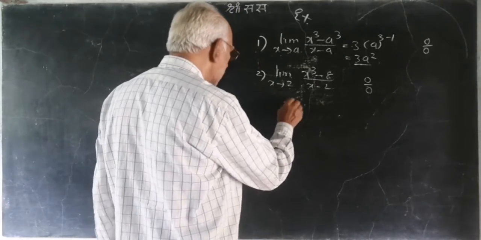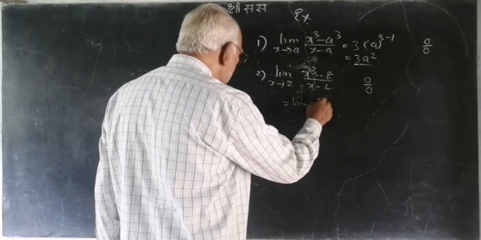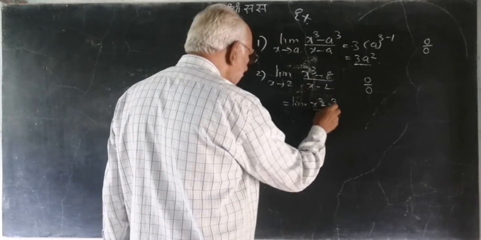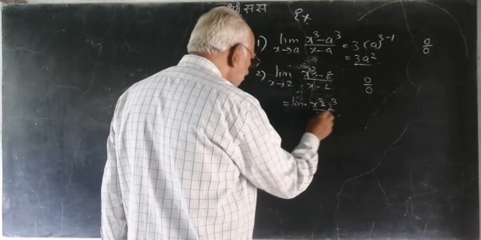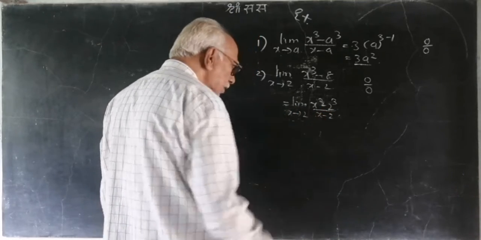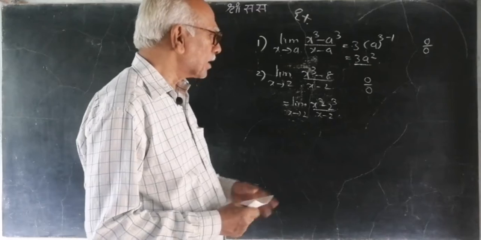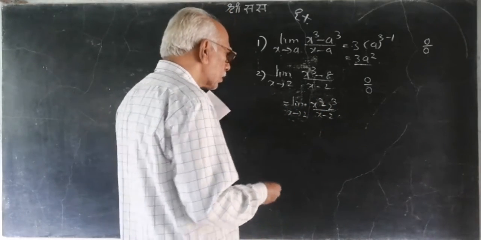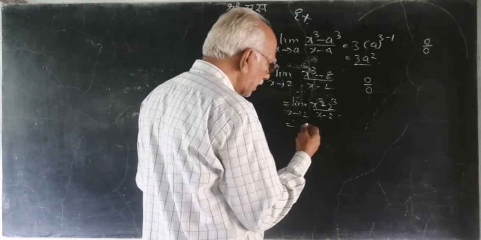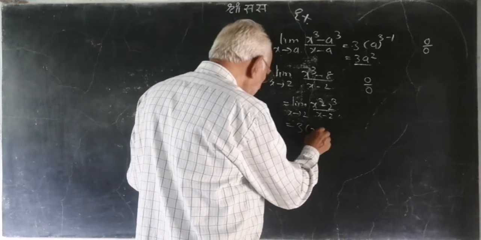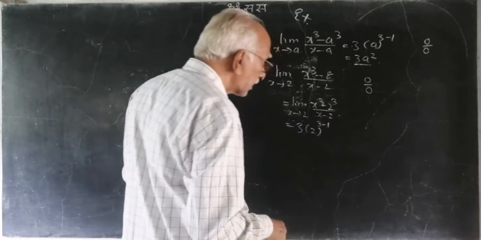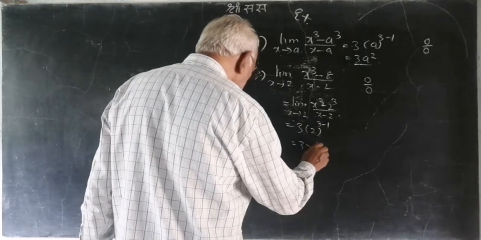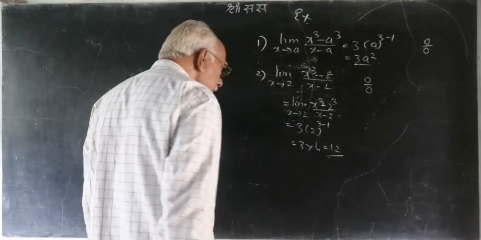Yes, certainly. 8 can be written as 2 cube, so x cube minus 2 cube upon x minus 2 as x tends to 2. Again it takes the form x raised to n minus a raised to n upon x minus a. So, what should that limiting value be? n a raised to n minus 1. That is 3 into 2 squared, which is 3 into 4, so the value will be 12.